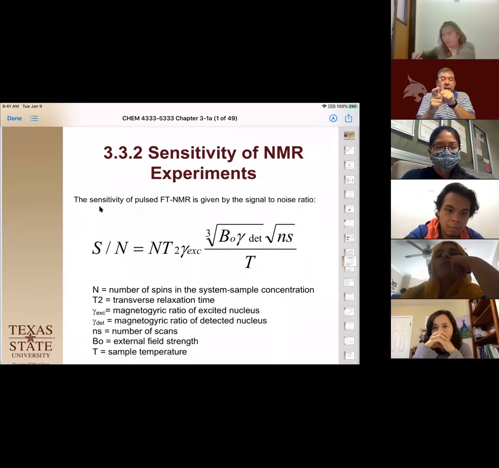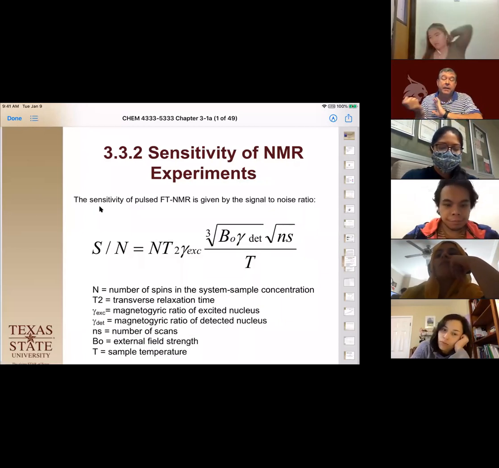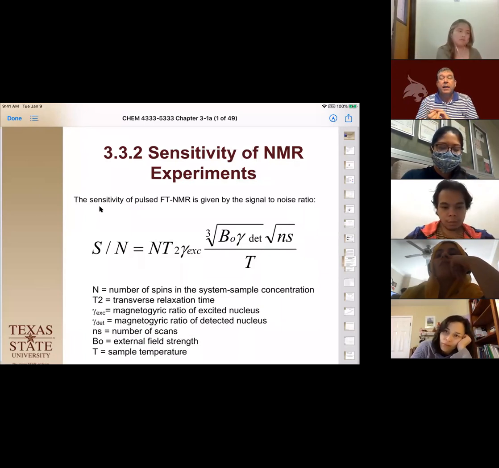Then that's all multiplied by the cube root of the external field strength. The higher that external field strength, the more sensitive the NMR is going to be. And then it's multiplied by the magnetogyric ratio of the detected nuclei, the ones actually being detected by the sensor. And then we have the square root of the number of scans.